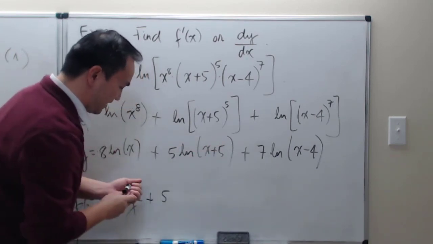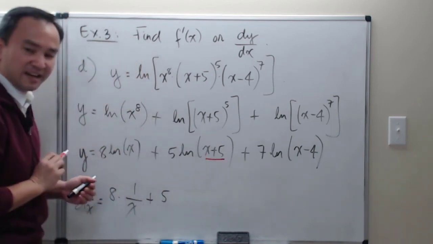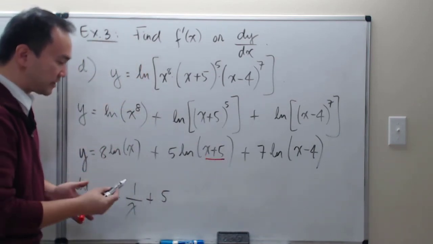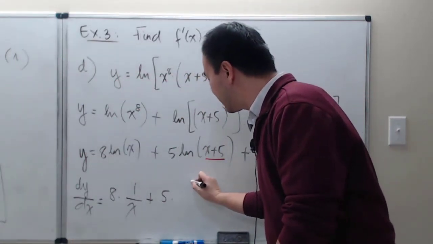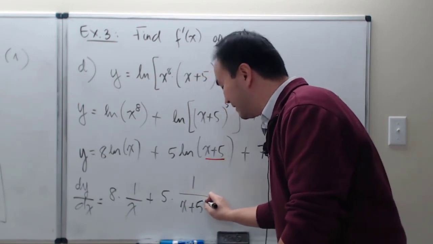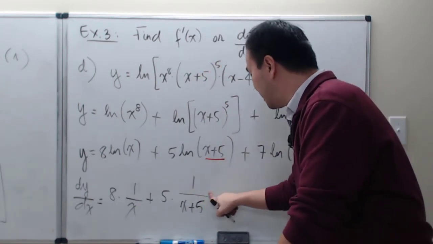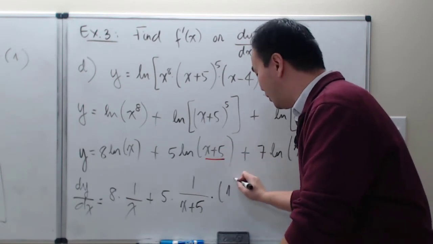But with chain rule, I recommend taking x plus 5 as the inside of our log term right there. So now the chain rule says take the derivative of the outside, producing 1 over x plus 5, and then multiply with the derivative of what's being underlined here, 1.